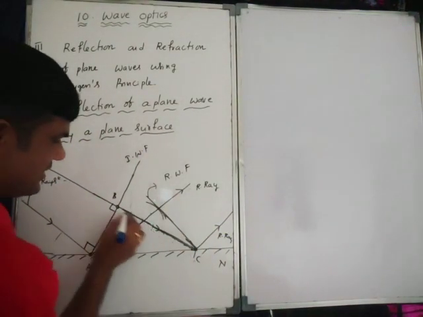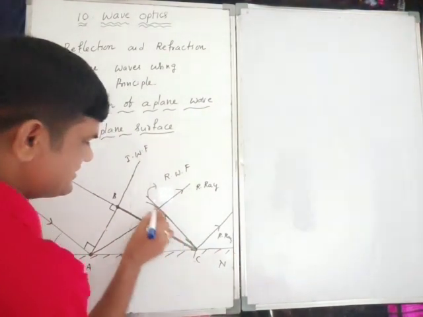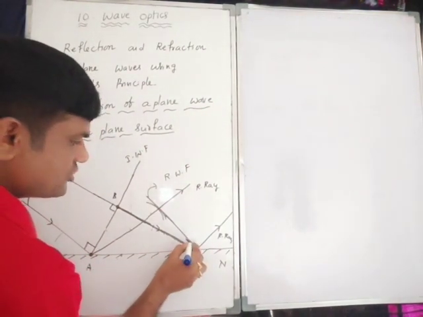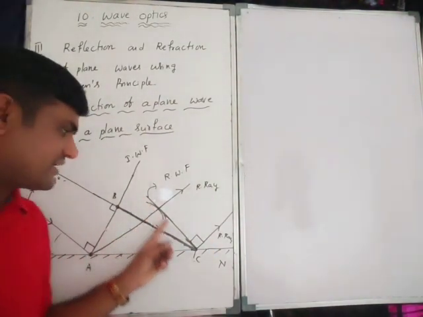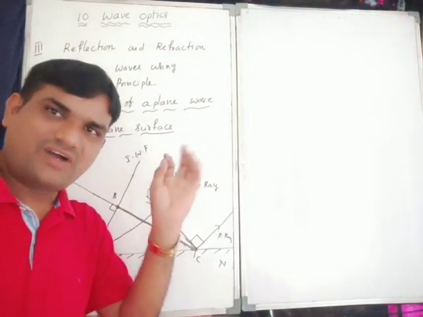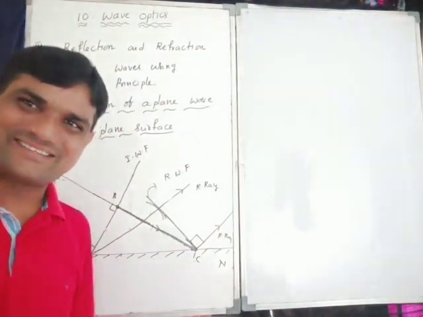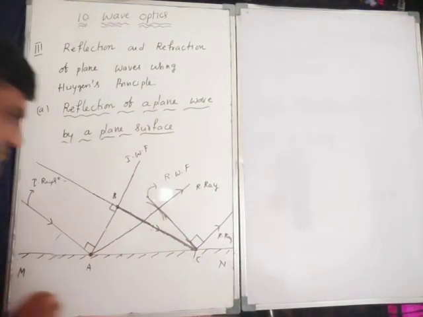This is the incident ray and reflected ray, and this is the wavefront. Here the angle is 90 degrees. Correct? Why? Because the reflected wavefront and reflected ray are always perpendicular, so here it is 90 degrees.